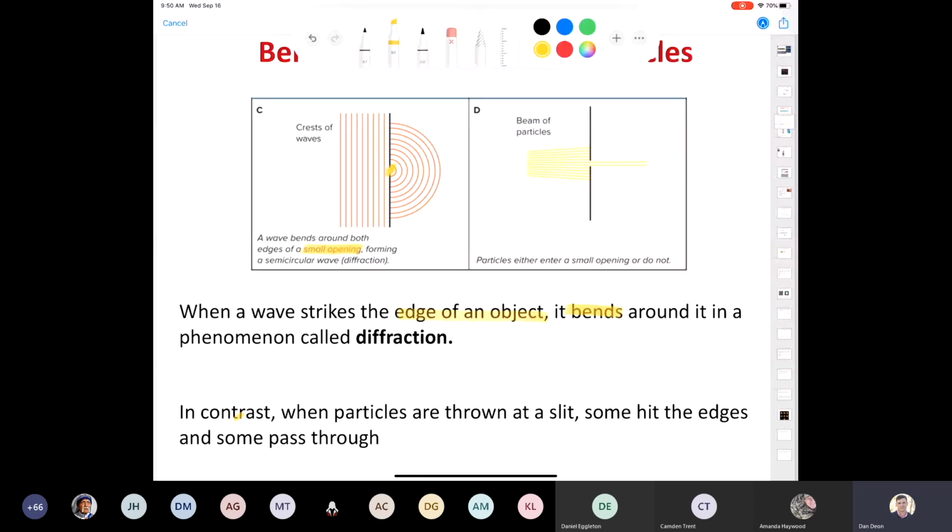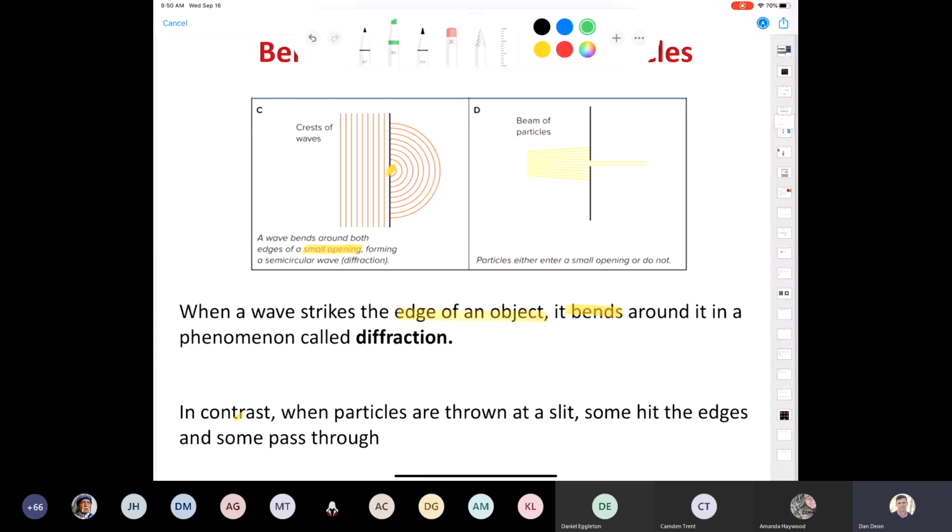Now, if we take some particles and we throw them at a slit, some are going to hit the edges, but some are going to pass through, and they are not going to be diffracted, okay? So a wave is going to undergo refraction and diffraction, but particles will not, right? This is the way I described it to my students last semester.